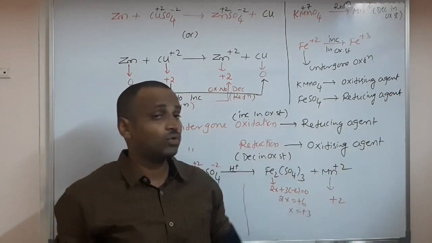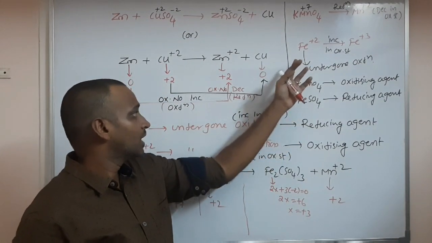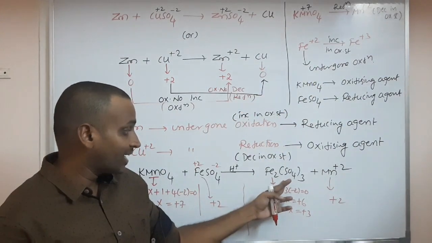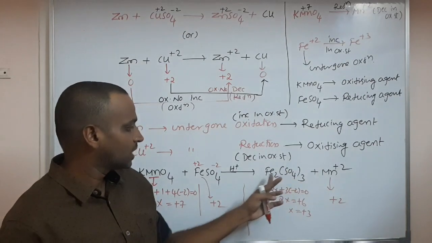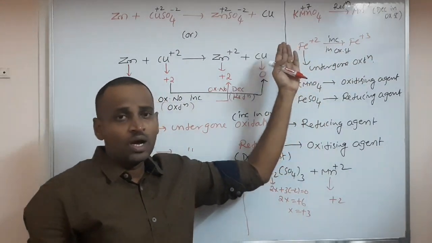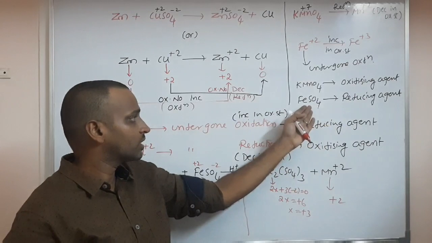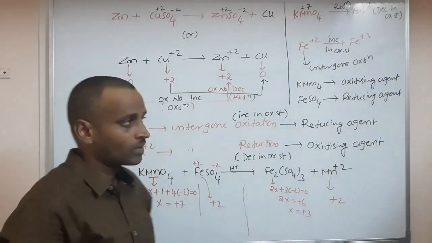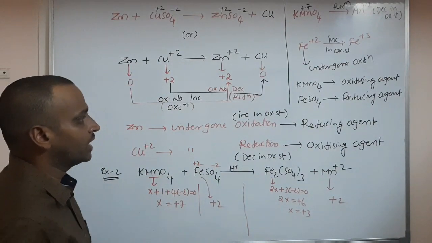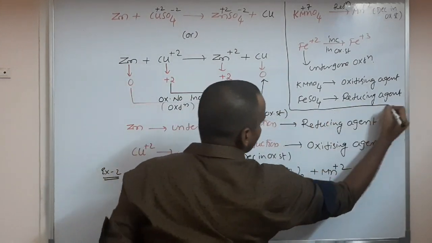Because in FeSO4 the Fe oxidation state is plus 2, but that converts to ferric sulfate, Fe2(SO4)3, where the oxidation state is plus 3. So the iron oxidation state increased, so iron underwent oxidation. Correct. So FeSO4 is the reducing agent because it underwent oxidation. Hope you understood. So please make a note of all these things.